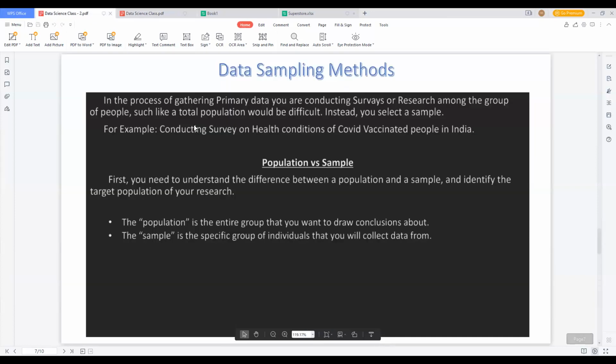When you are extracting the primary data, which is gathering data for the first time, how can you gather the data? The ways are conducting surveys or research among a group of people, because a total population would be difficult. Consider the news we are hearing in recent days: young people are also being attacked by heart attacks.